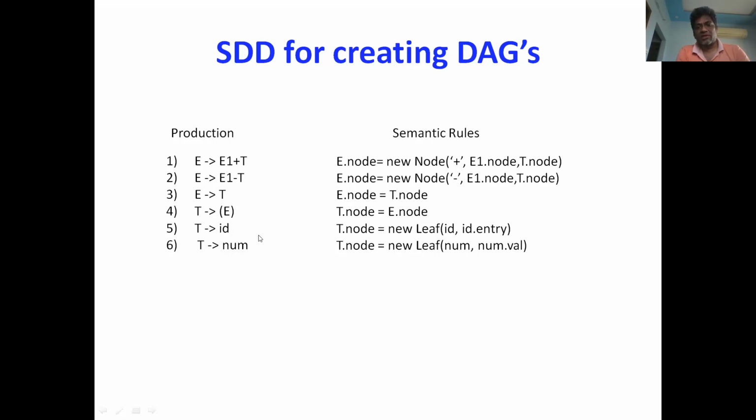And whenever there are terminals, that is either a variable or a value, a constant, then you need to create leaves. If it is a variable, then provide a link to the symbol table. Otherwise, show the corresponding value in the leaf. So leaves are used to represent terminals and nodes are used to represent the operators. That is what you need to understand.